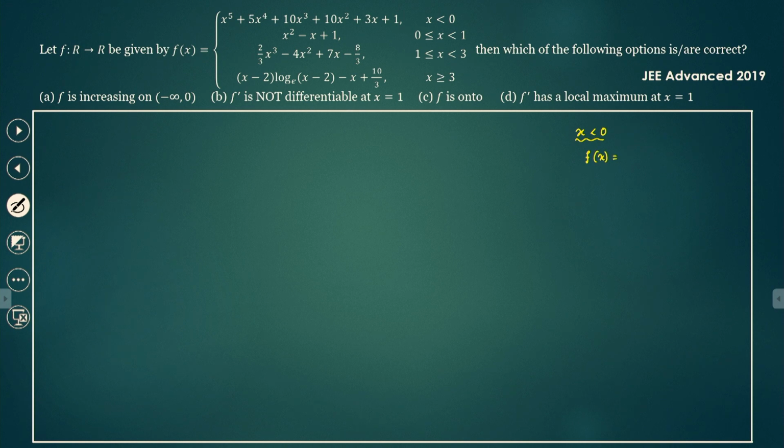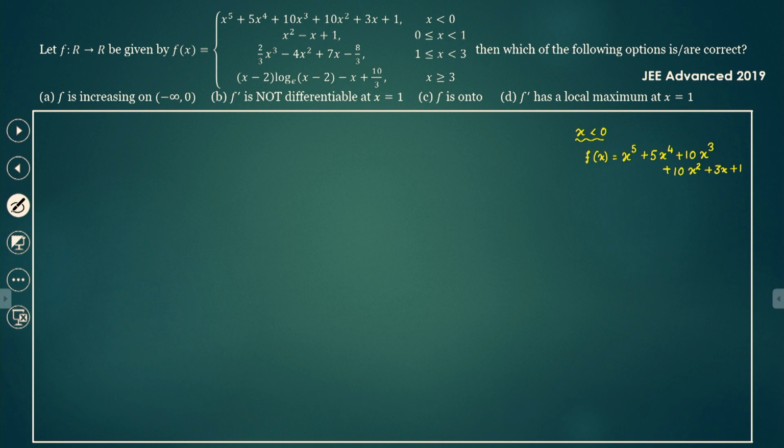is defined as x to the power 5 plus 5x to the power 4, then we have 10x cubed, then 10x squared, 5x, 1.